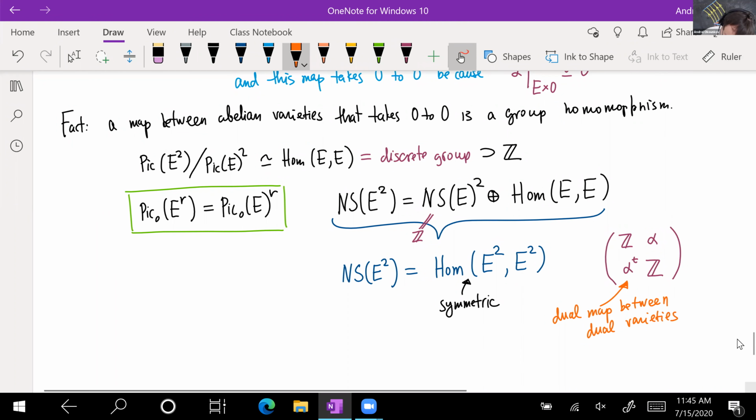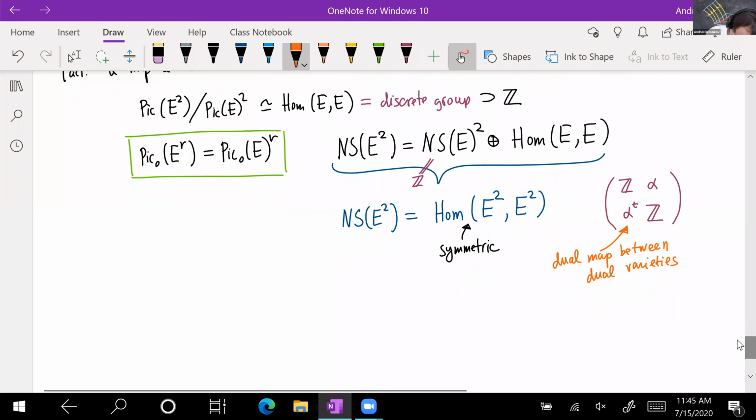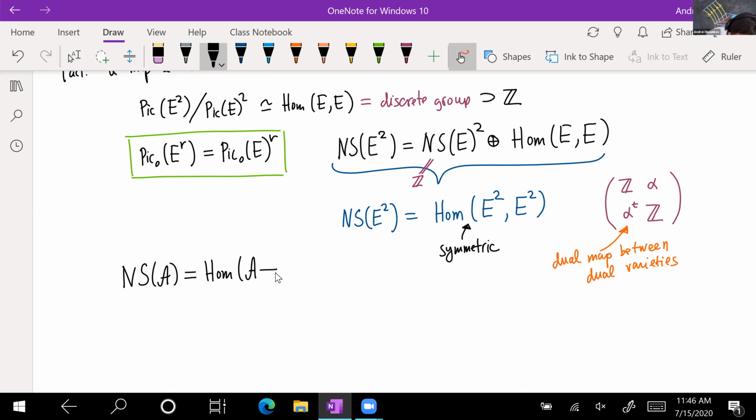So in general, how does it generalize? The Néron-Severi group of any abelian variety is the homomorphisms from the abelian variety to the dual abelian variety which are symmetric. Symmetric with respect to what? If I take a map from an abelian variety to the dual variety, then there's a transpose.